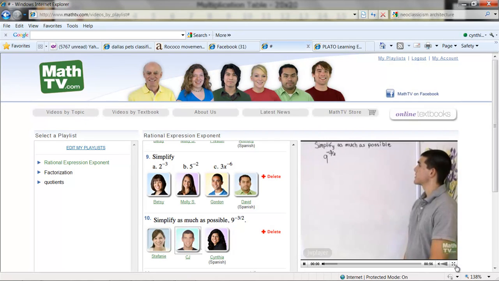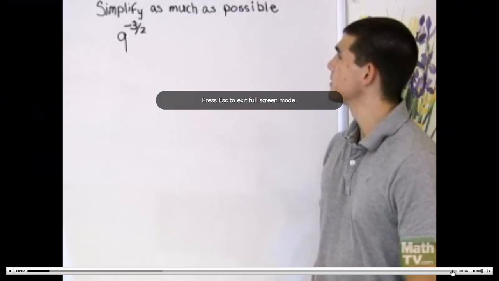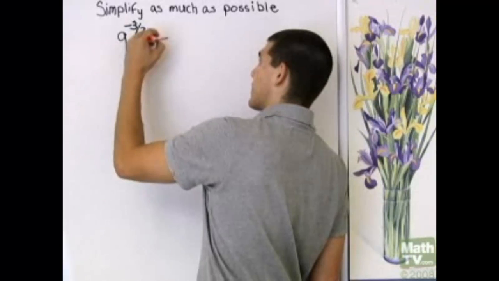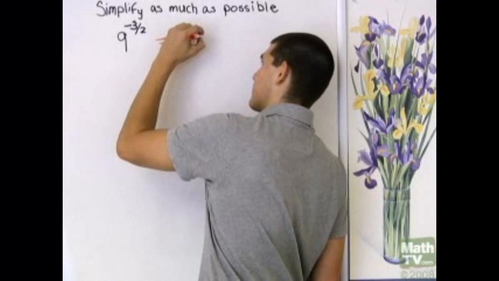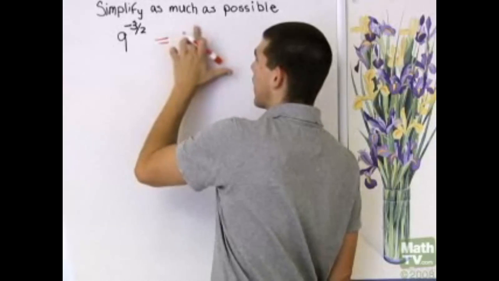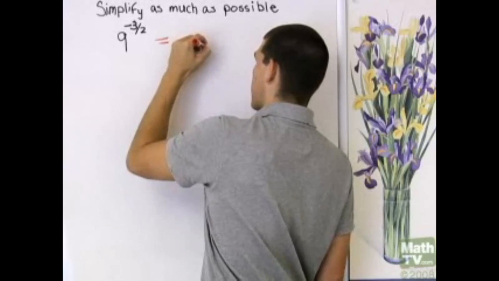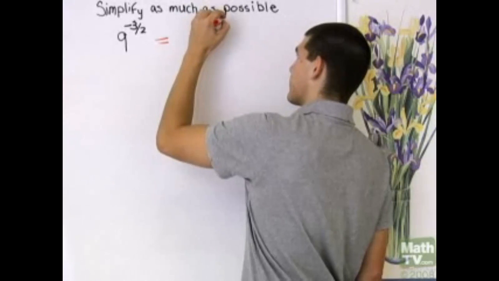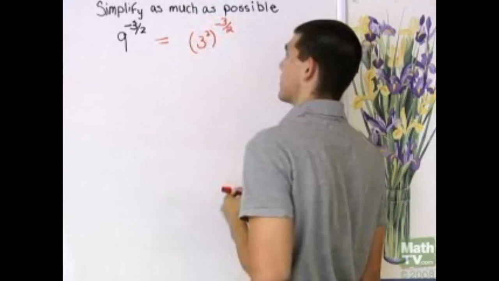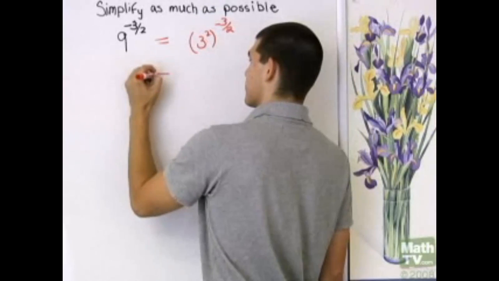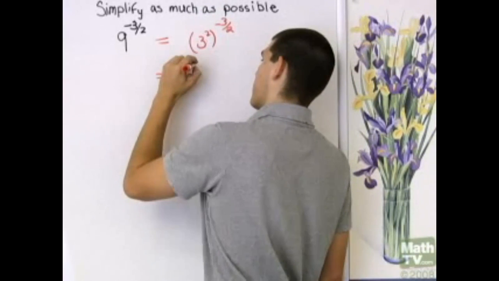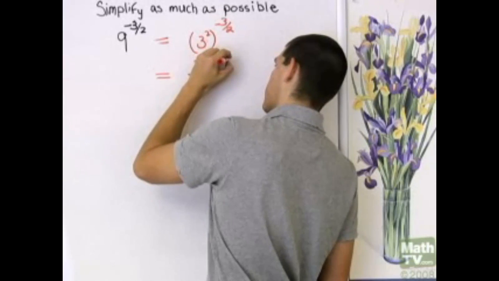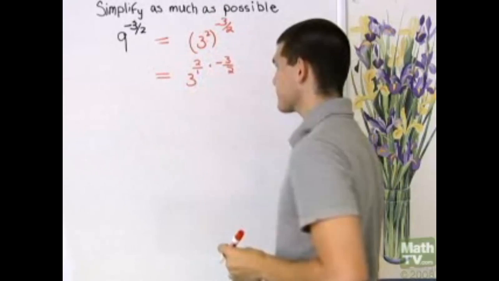For this example, we'll simplify as much as possible 9 to the negative 3 halves. First thing we're going to do is rewrite this as 3 squared to the negative 3 halves. This is going to be equal to 3 to the 2 over 1 times negative 3 over 2.